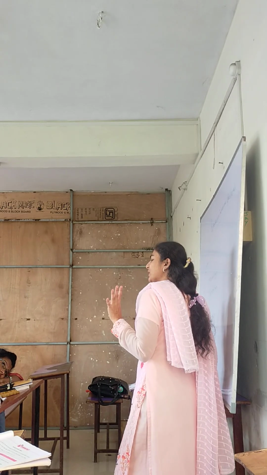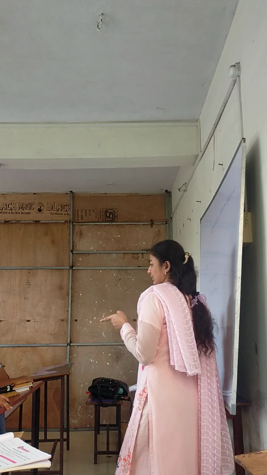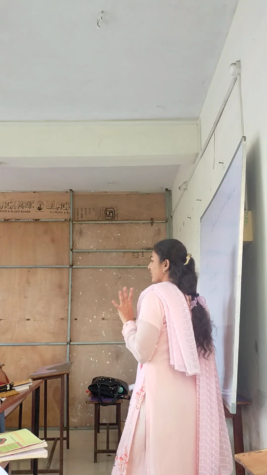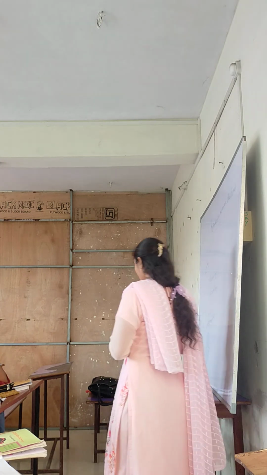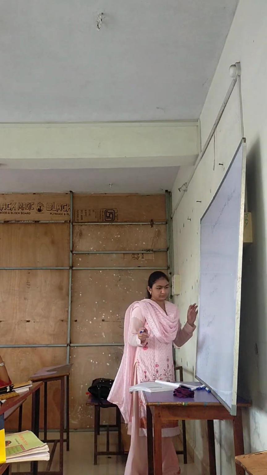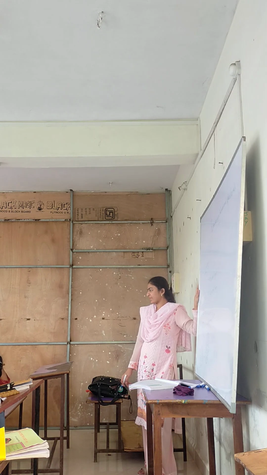See, no need to prepare anything. Try to understand the concept. So many times I have told that conceptual reading or conceptual understanding is very important. Okay? Done with that?